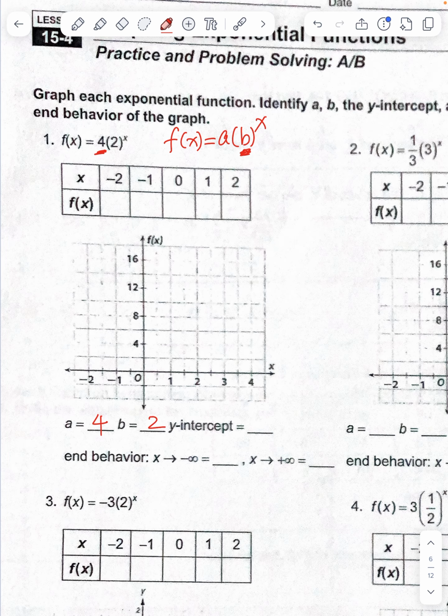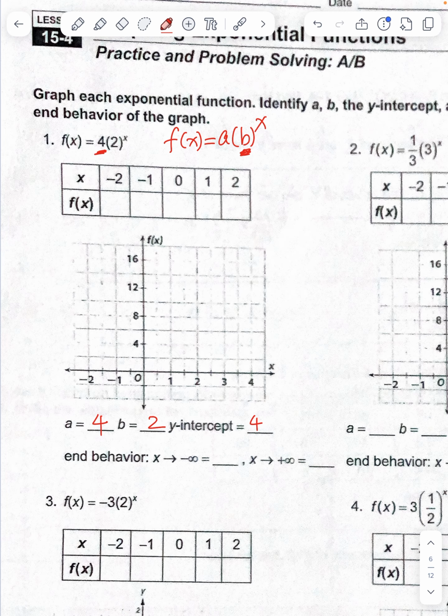Y-intercept. The y-intercept is when the x value is 0, right? When x is 0, this whole power term will be 1. So the y-intercept is just a, which is 4.